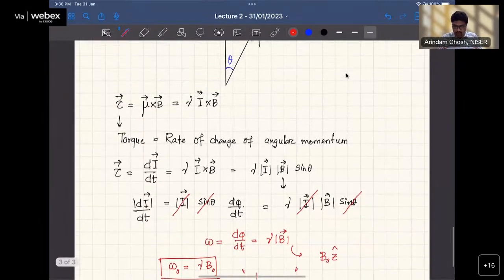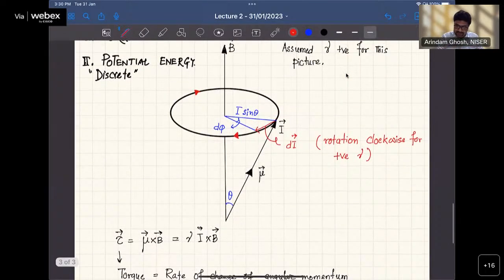The direction of omega: if this particular tip is rotating in this way, then by the thumb rule, omega is going to be directly downward. So it is opposite to the direction of B. For positive gamma, omega is downwards because it is moving in this direction.